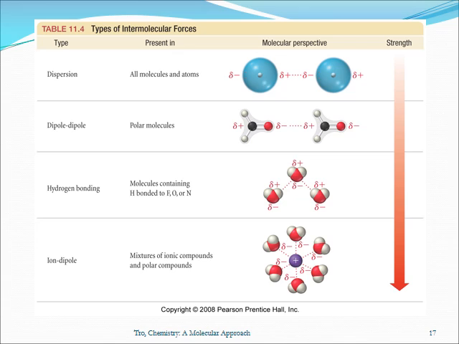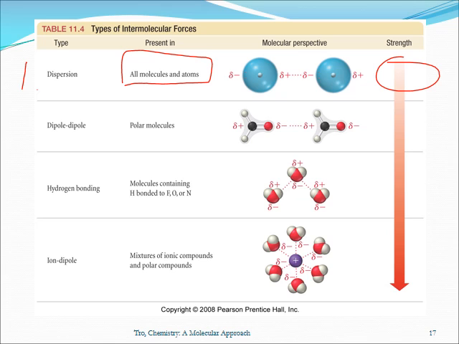So here's a quick summary of what we're looking at. The first one we talked about was London dispersion forces. You just know that all molecules and atoms have it. No matter what, you're always going to have London dispersion force, and it's the weakest, as you can see over here on the right.